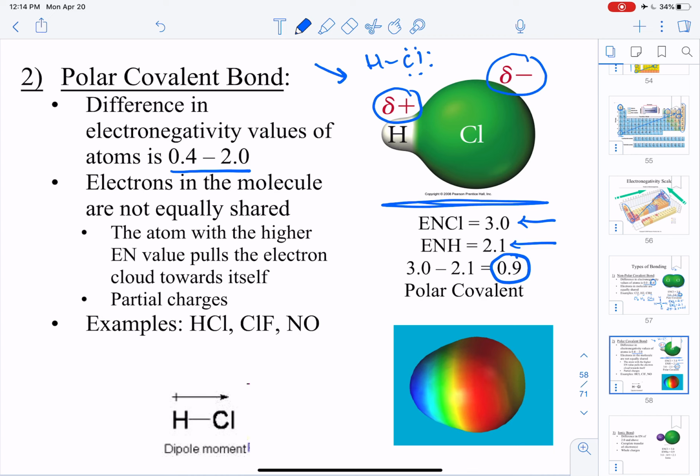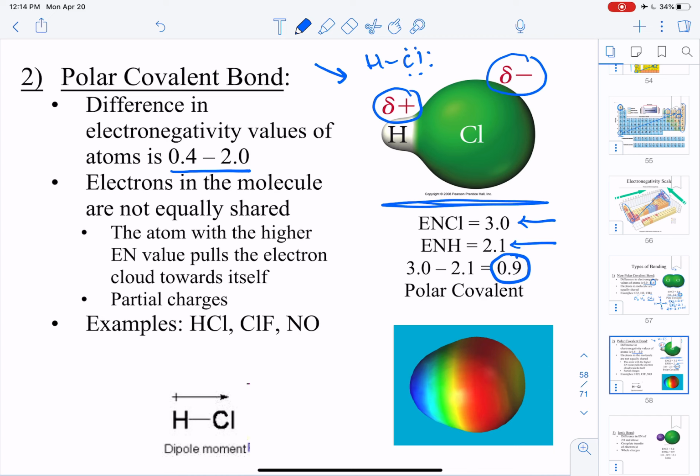So some books and some websites and some professors will say 1.8 or 1.9, and it's going to depend on which molecule we have also, which compound. But that's a general guideline for a polar covalent bond.